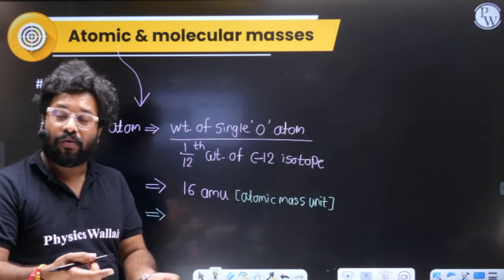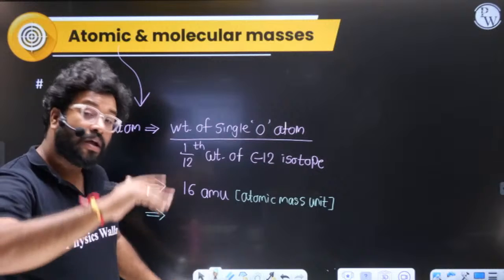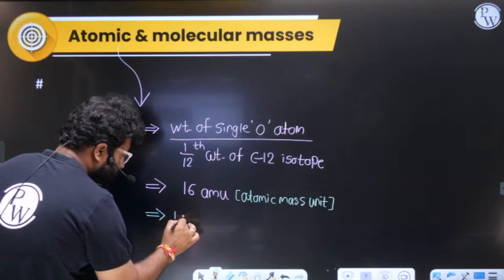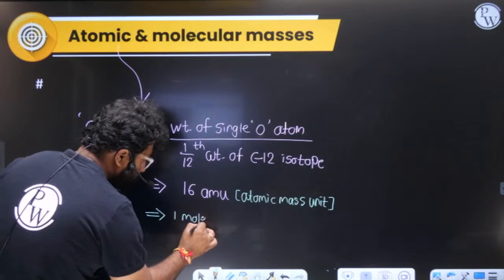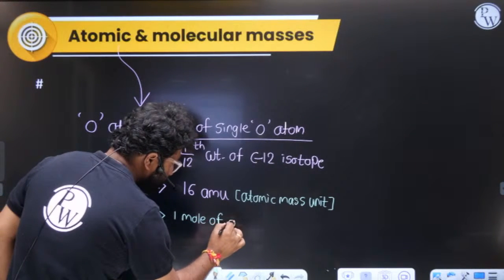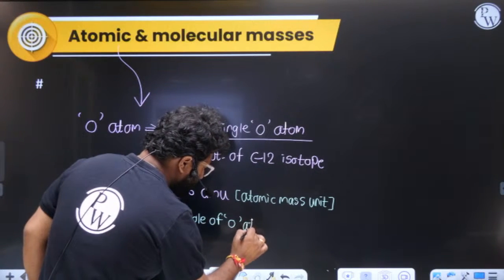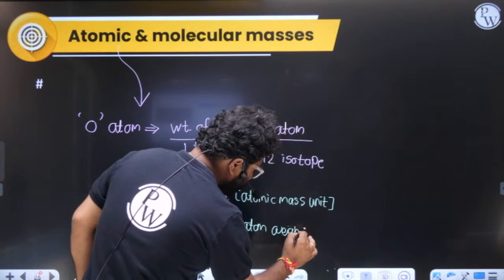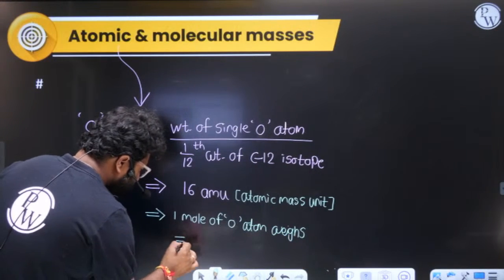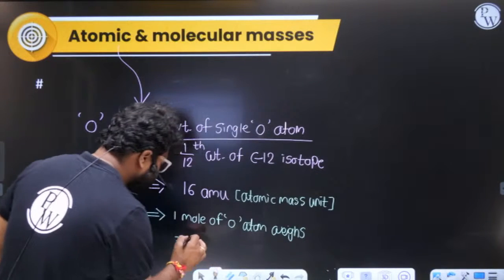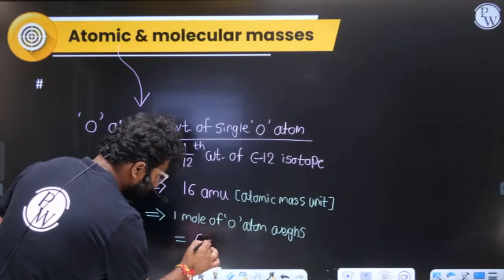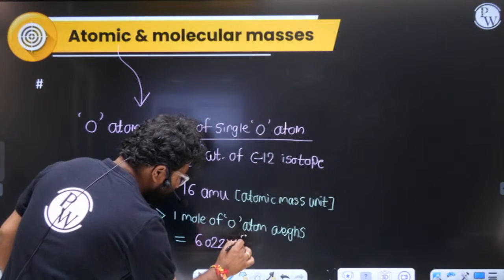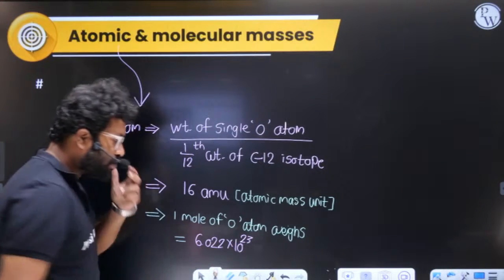But if you have, yes beta Kirti, I took the water. But if you have 1 mole of oxygen atom, so 1 mole of oxygen atom means how much? Avogadro number of oxygen atoms, right? 6.022 into 10 raised to 23 oxygen atoms.